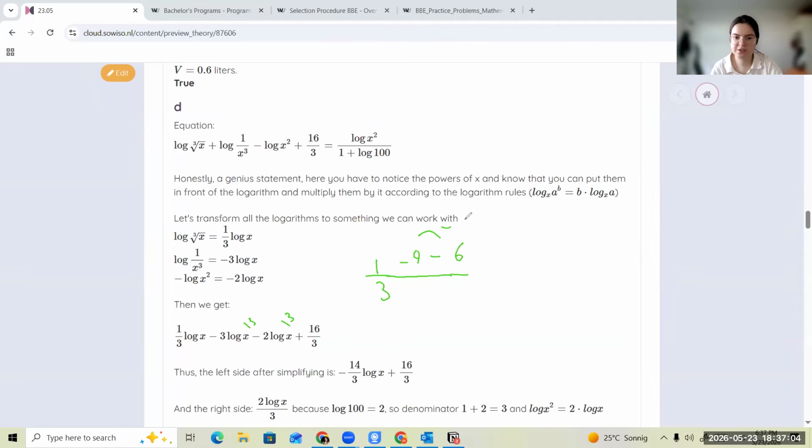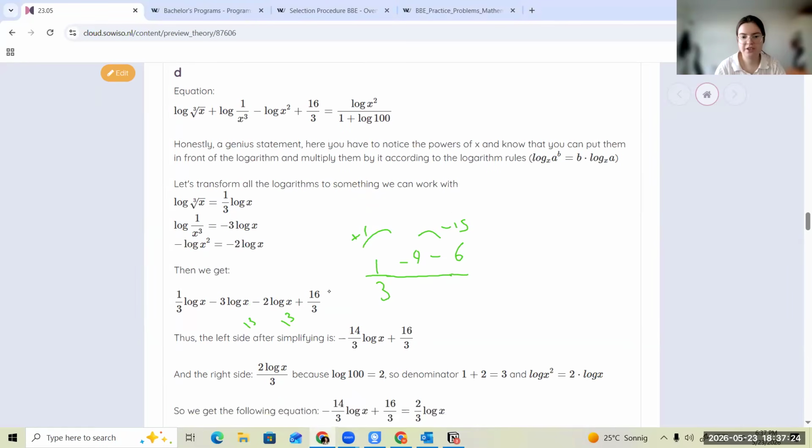Because this is -15. And this is +1. Yes, I will publish it openly on YouTube so everyone can see. So that's how you get this final left side simplification.